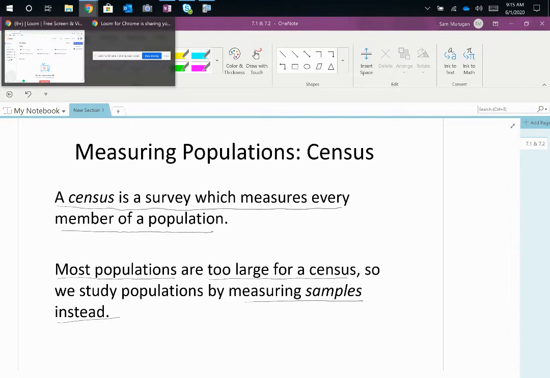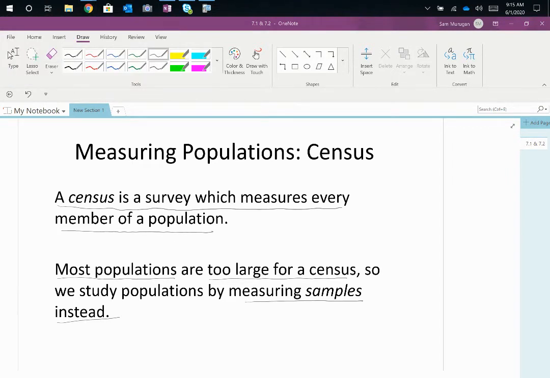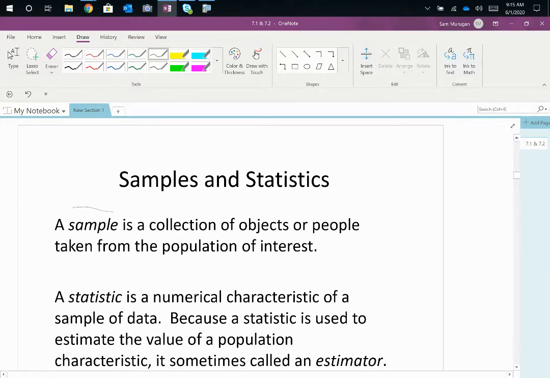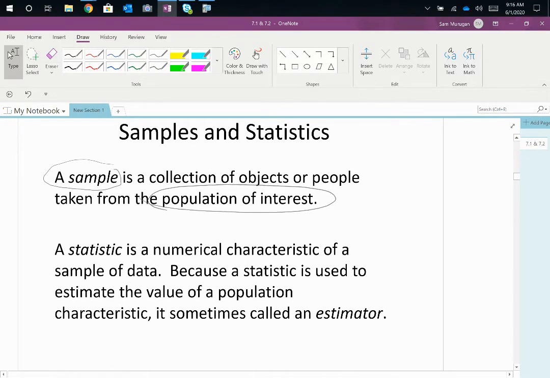Now, I'm going to get into this whole idea of samples. A sample is a collection of objects or people taken from the population of interest. Now, the numerical part, a statistic, is the numerical characteristic of the sample.